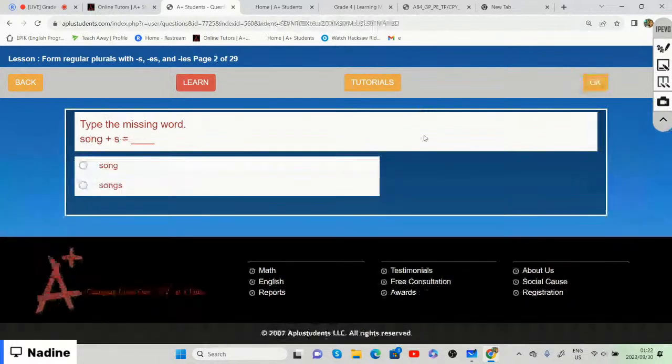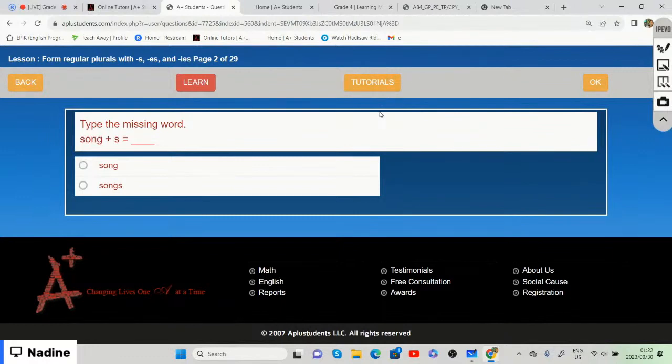Song plus s. So if we want to change that word into a plural form, one song, listening to one song, but now listening to two songs. So song plus s, we change that word into a plural form.